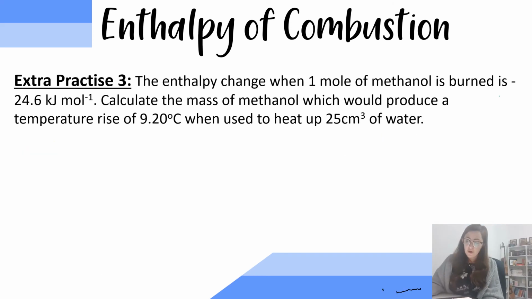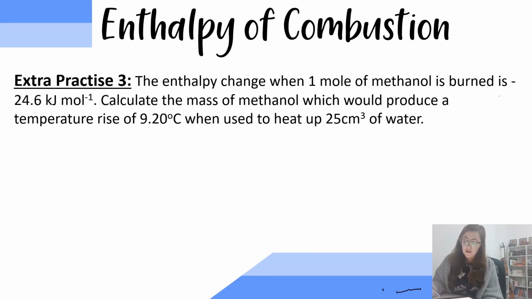So we're now on to our final question today, our extra practice question 4. The enthalpy change when 1 mole of methanol is burned is negative 24.6 kilojoules per mole. Calculate the mass of methanol, which would produce a temperature rise of 9.20 degrees C when used to heat up 25 centimeters cubed of water.